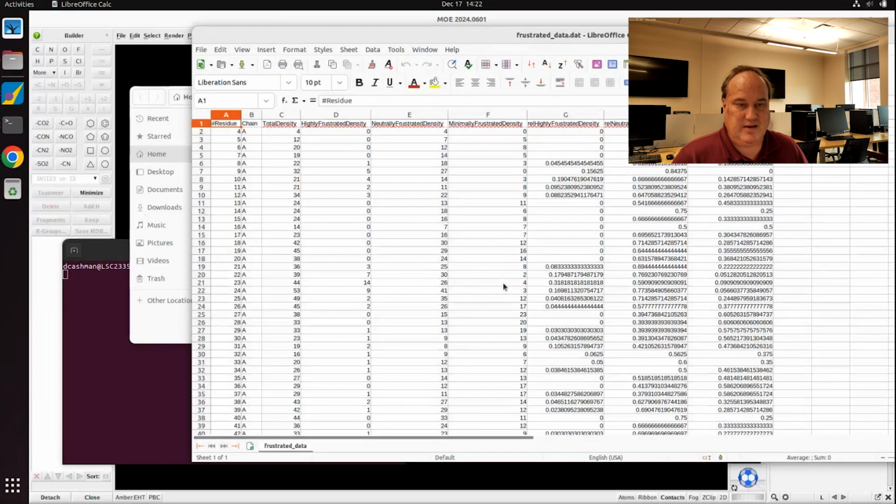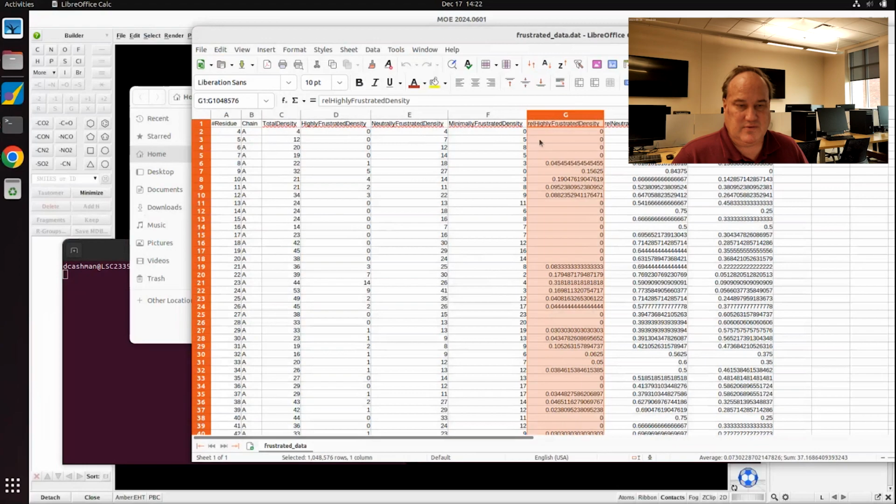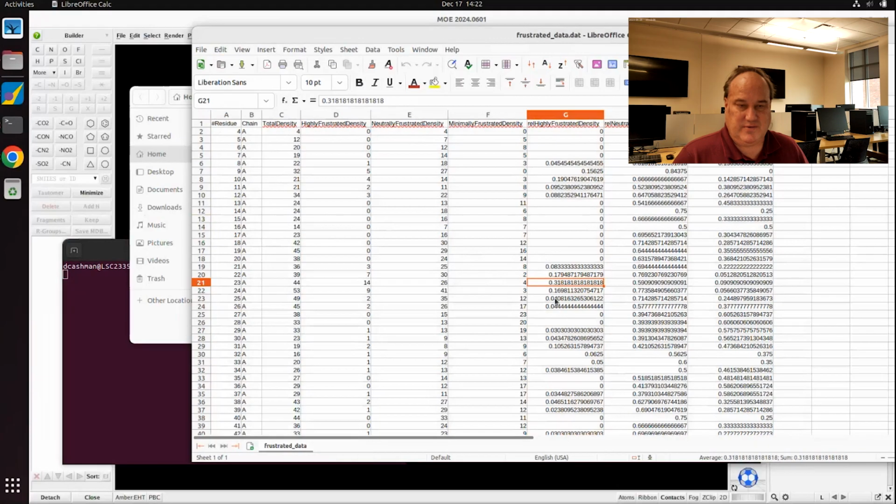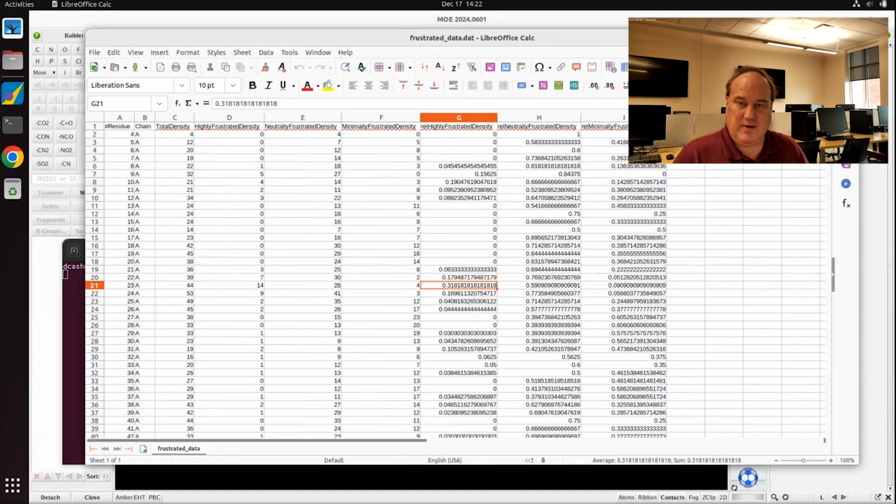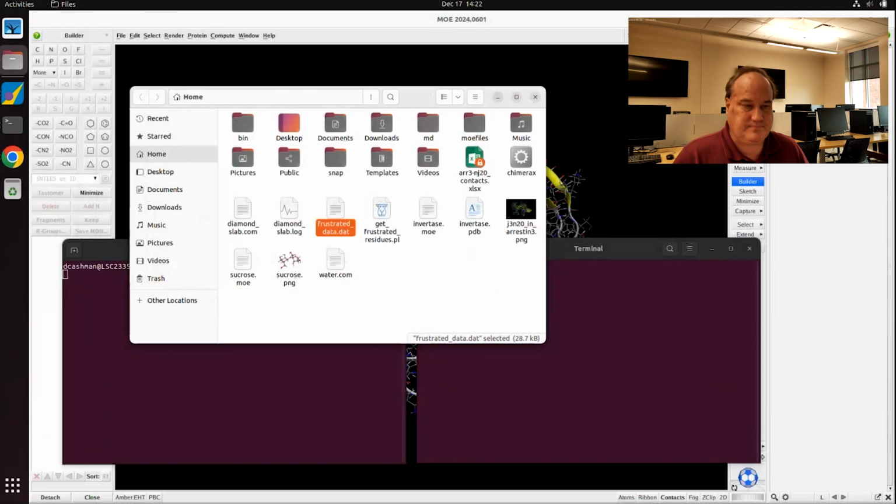And then everything's lined up so we can see the residue number in the first column, the chain, it's all chain A, and then we have density. What we really want is column G. This is relative highly frustrated density. And everywhere these numbers are above 0.2, well, this is 0.19, that's kind of close. This is 0.31. We want to identify all these residues. Then we could simply plug these in, but I've written a script to do this for us.